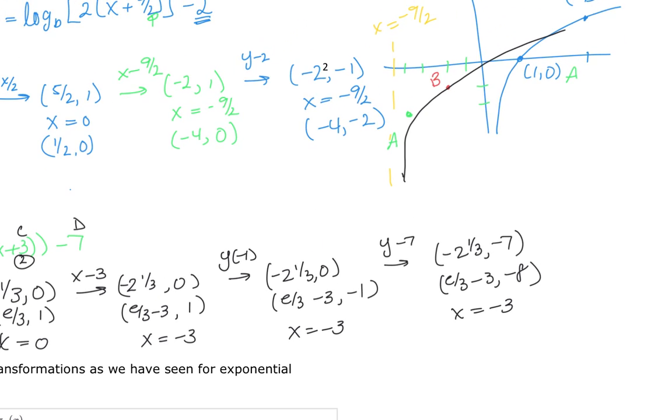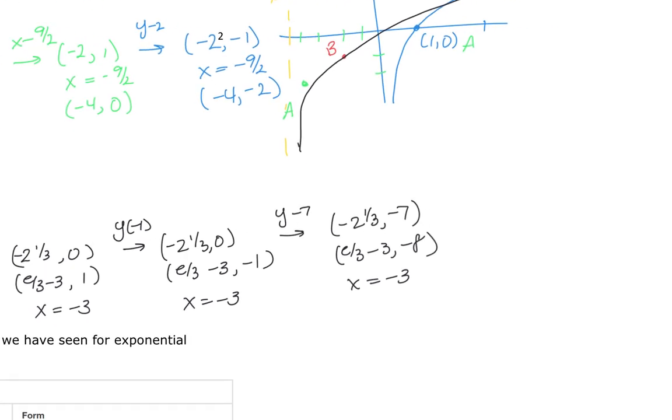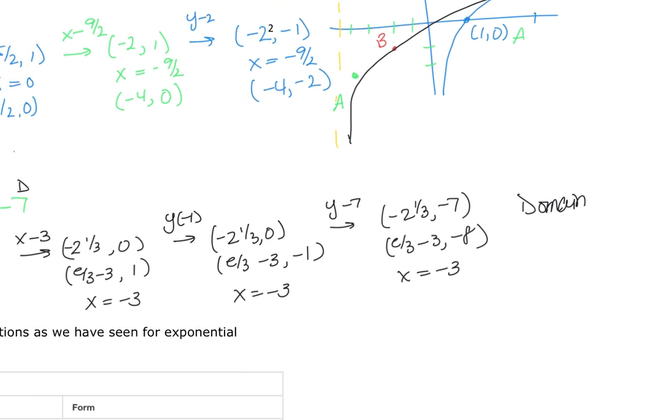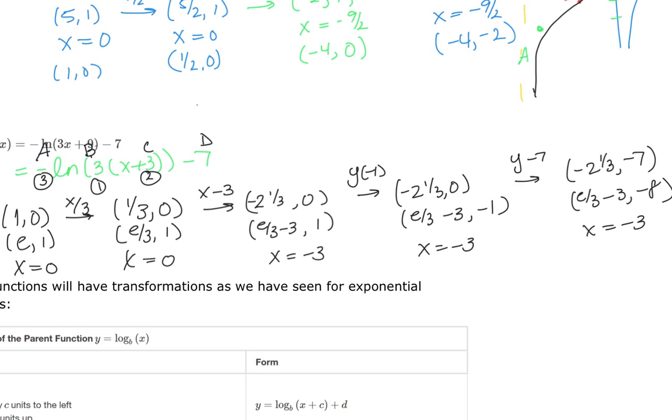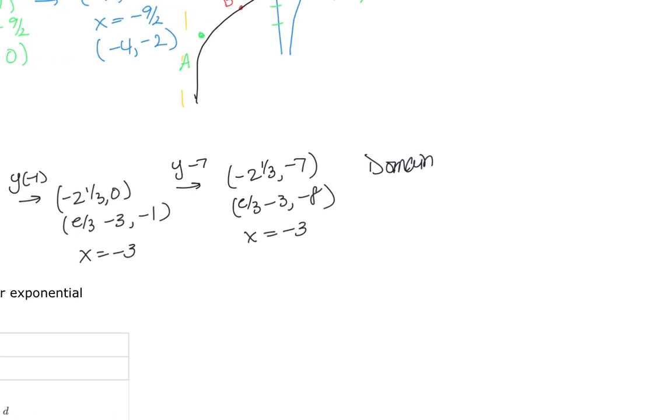So I'm going to let you graph that on your graphing calculator or device, but this is where all the points are going to go. I do want to talk about the domain. So the domain was affected by the C value. So my domain here would have been negative 3 to infinity.